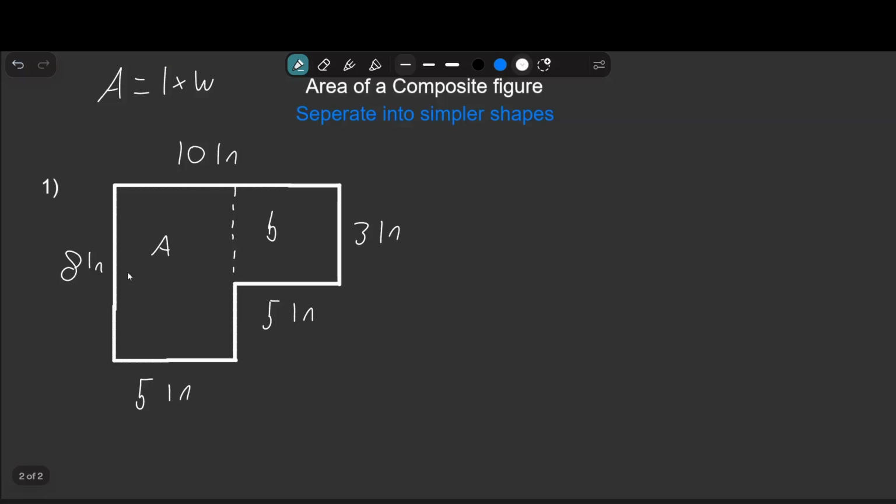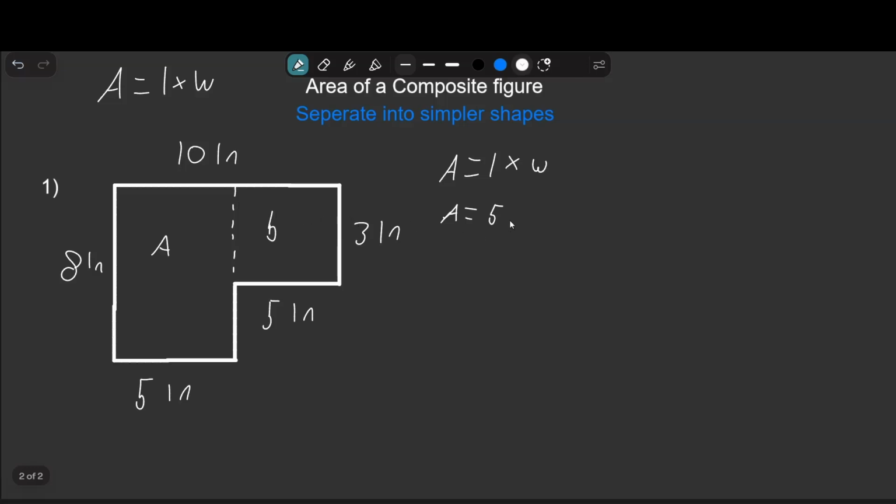Now we have the length and the height of A. So A equals length times width, which means A equals 5, because we have to take this one and not the full width of the whole figure.